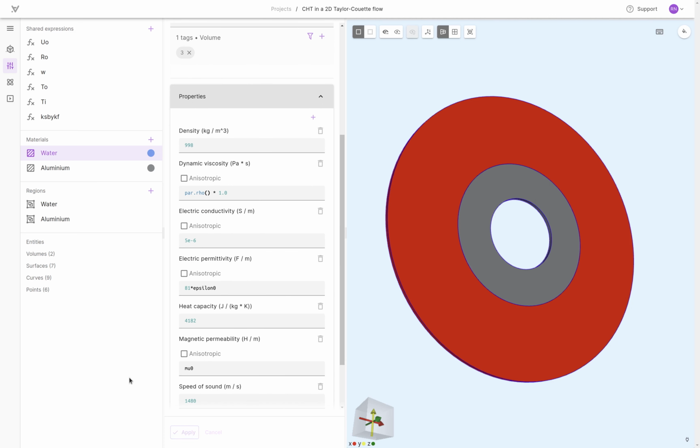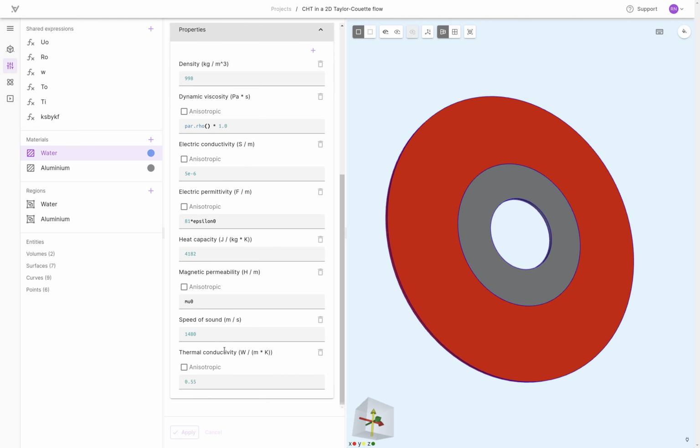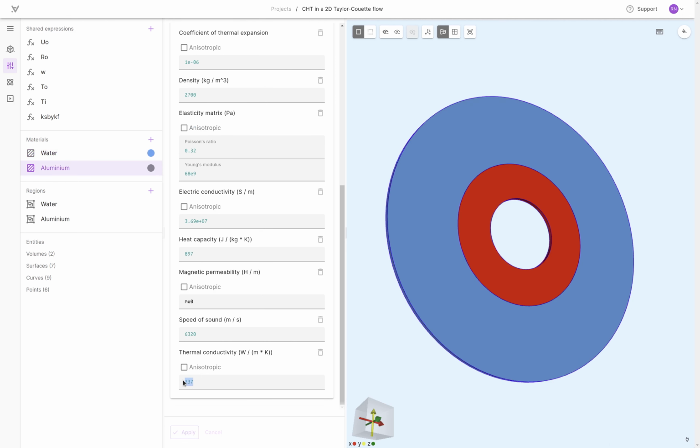In addition to this, we also need to ensure that the heat conductivity ratio between solid and fluid is equal to 9. So we take the heat conductivity of water and set the aluminium heat conductivity to be 9 times that of water. So this way the Ks by Kf value would be equal to 9. Or instead of using 9 directly, we could also use the expression we defined earlier.